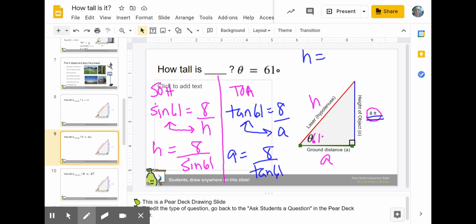So when you put that in the calculator, what do you get? 8 divided by sine of 61. And that's in feet. Nice. And then what about the A?